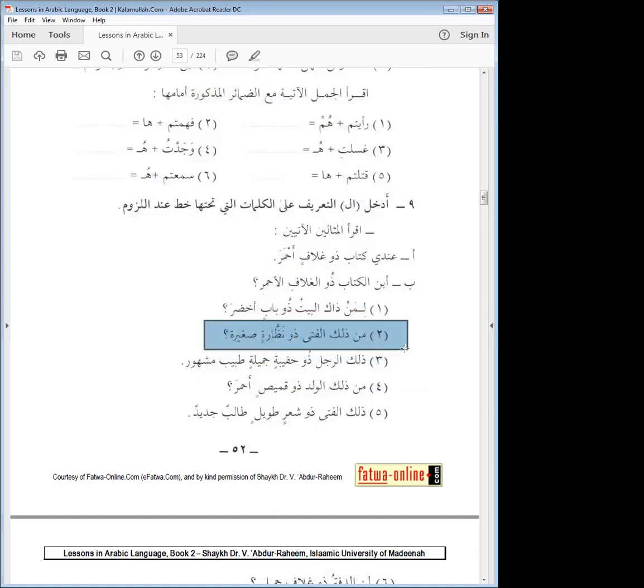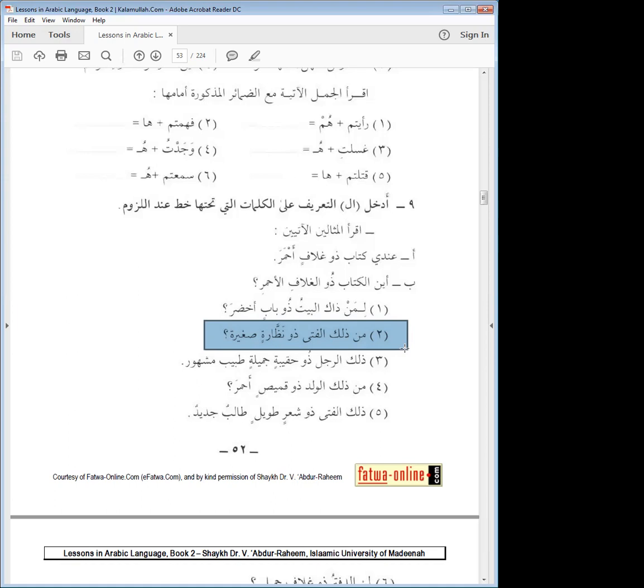Next one. All right, anybody want to try the next one? Man ذلك الفتى ذو something something. So how are we going to change that? All we're doing is making it definite. The two words after dhu, make it definite by adding the alif lam, because it has to match the word it's describing, right?